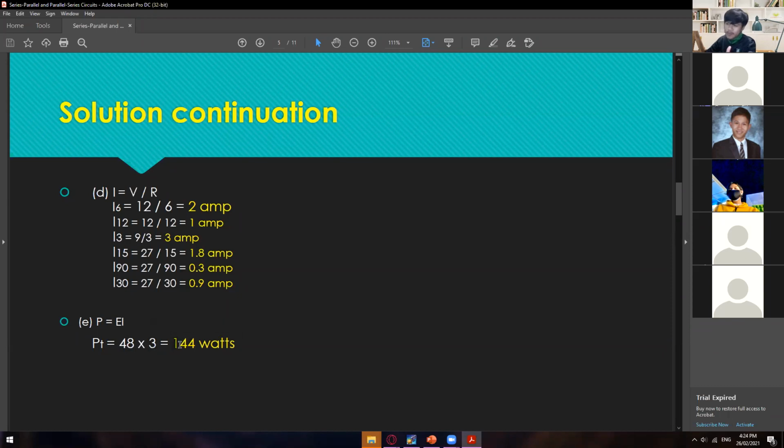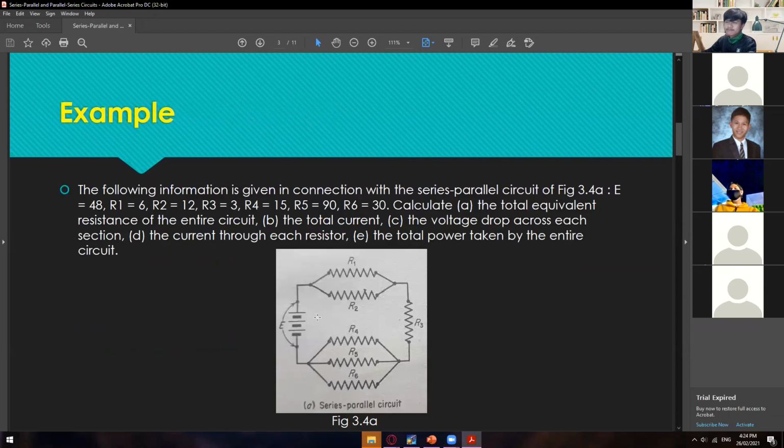So you will get 144 watts. This is the total power consumed by this circuit. All right, so it's easy, right? There are a lot of questions, but this is super easy to understand as long as you know the formula.